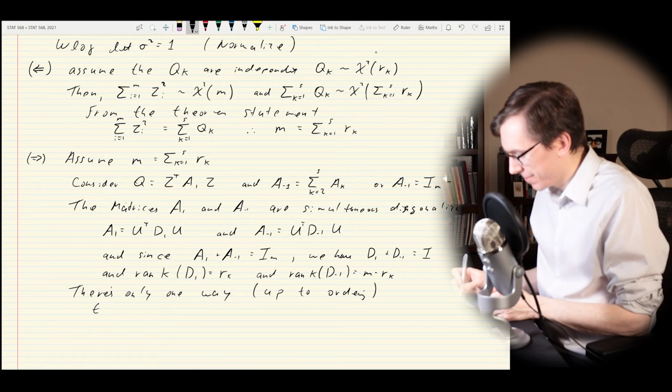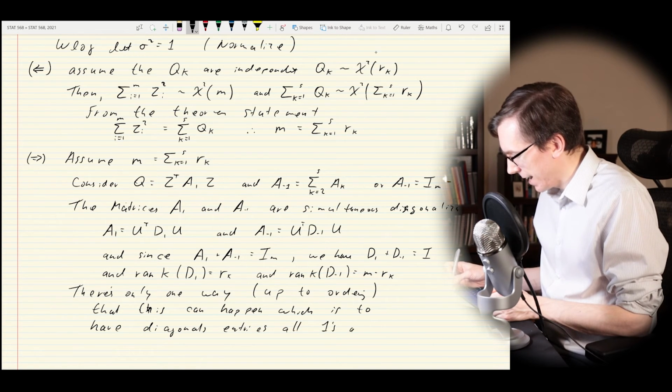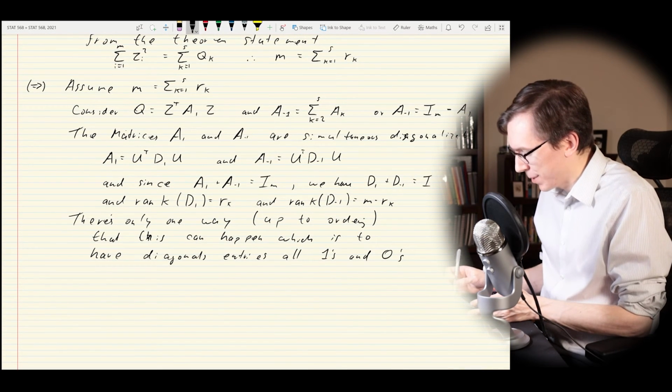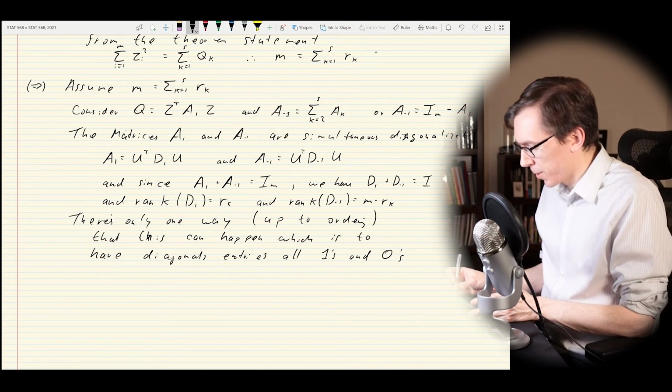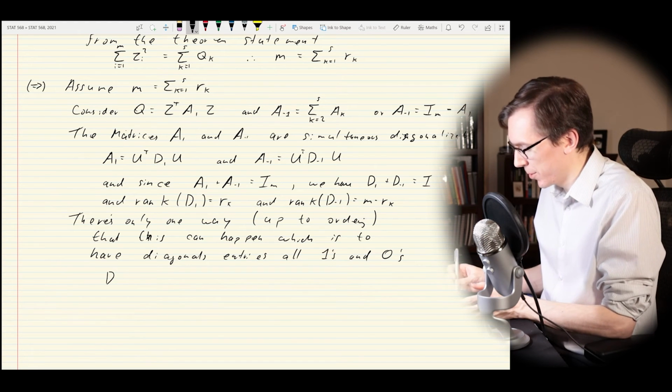This can happen by having diagonal entries all ones and zeros. More specifically, what we end up with, again up to reordering, which we can always do by applying row and column permutations.